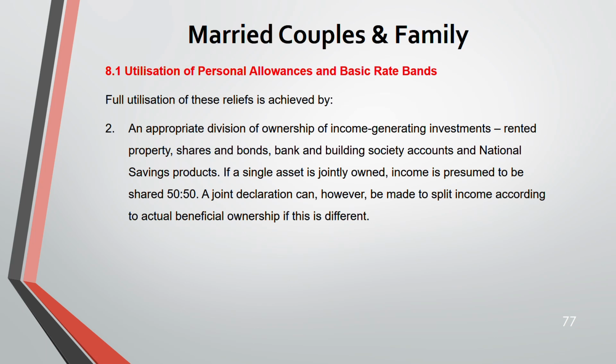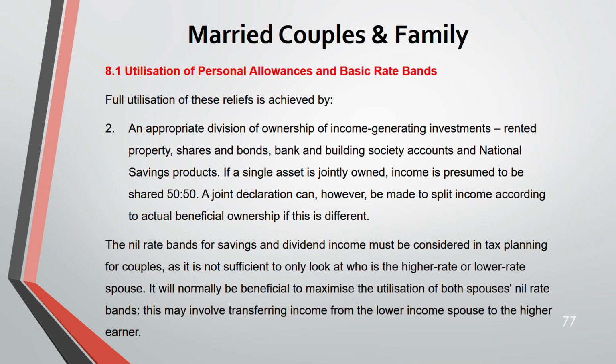Next way, an appropriate division of income generating investments among the spouses. Let's say 50-50. Now, when we are tax planning for couples, the most important thing is you have to take care of your nil rate band for both savings and dividends. This is what you have to think about.